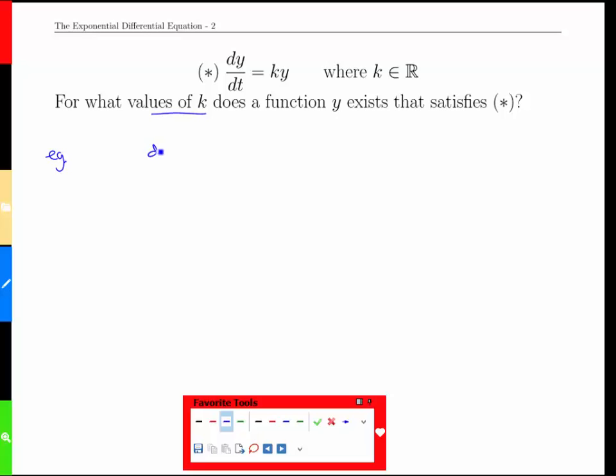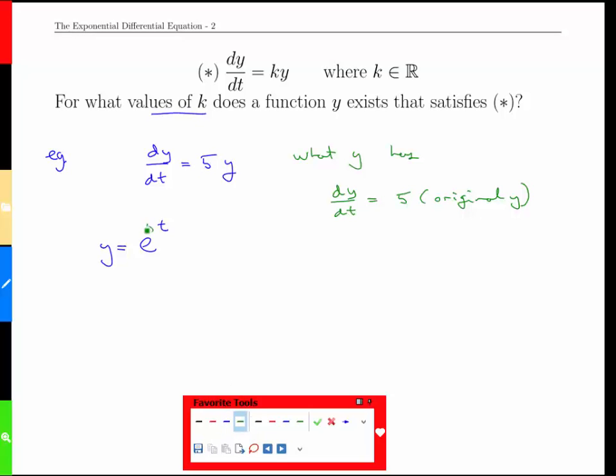If we had dy dt equals, say, 5y, then we'd be asking the same question: what y has dy dt equal to 5 times the original y? Well, again, if we look back for inspiration to our exponentials, y equals e to the t wouldn't work because I wouldn't get a 5.